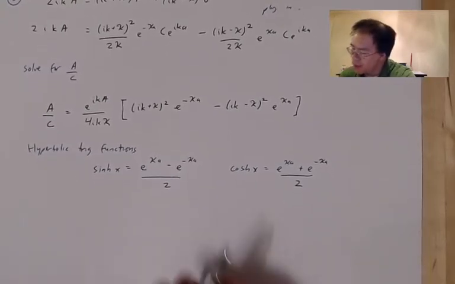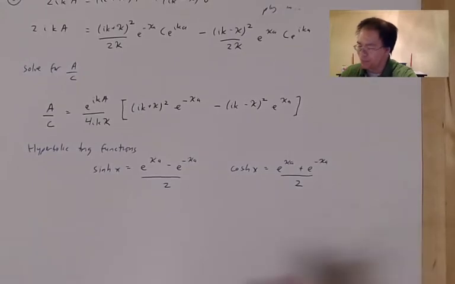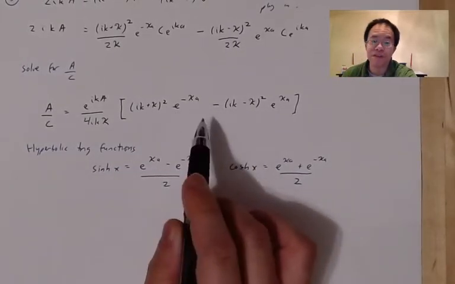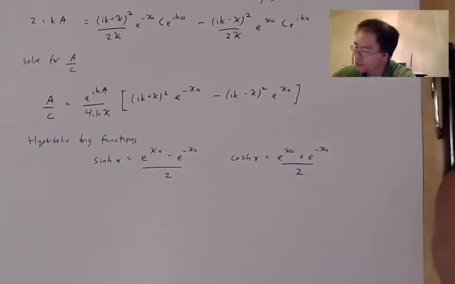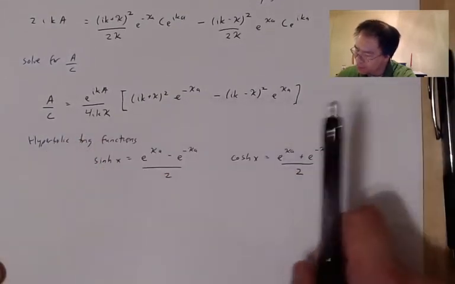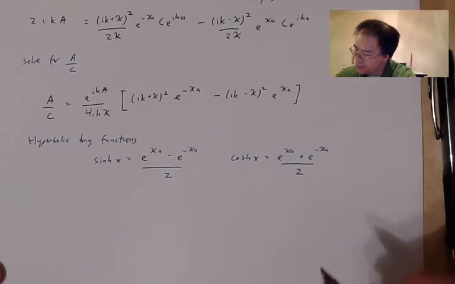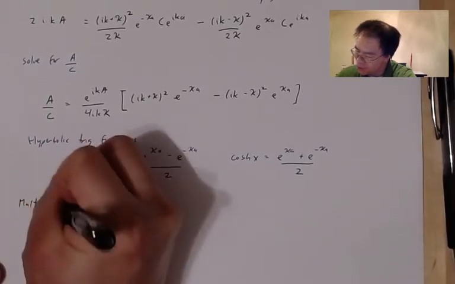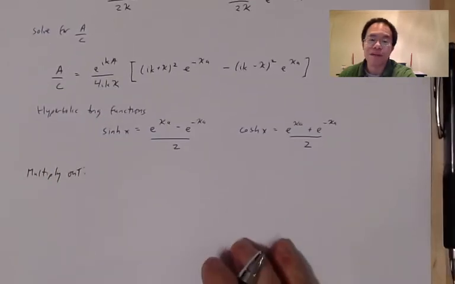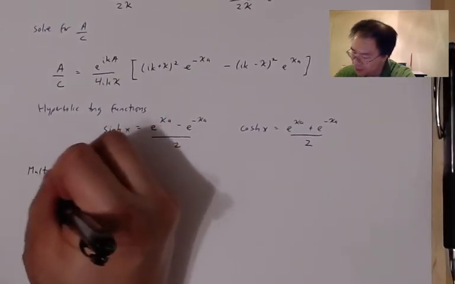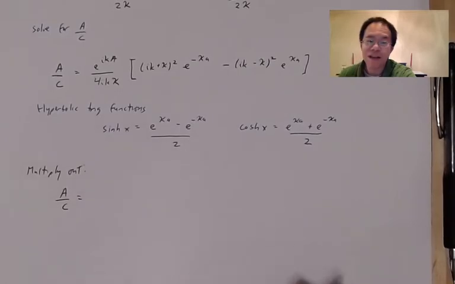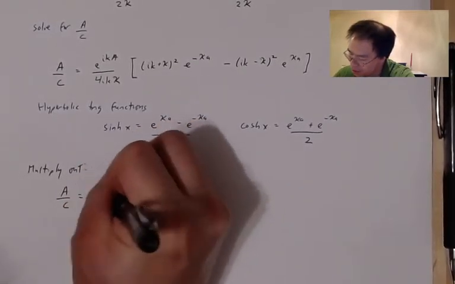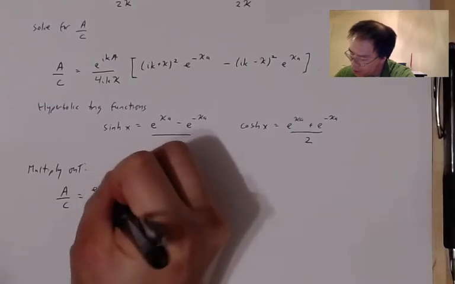Well, we can already kind of get that we might have some stuff like that here if we multiply out all of the stuff here. So let's go and do that. If we multiply out, this gives us a over c equals e to the ika over 4ik kappa.